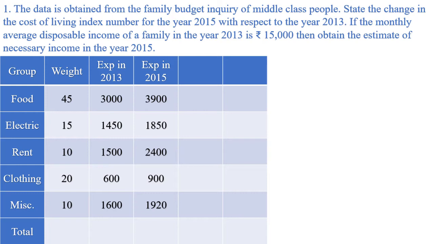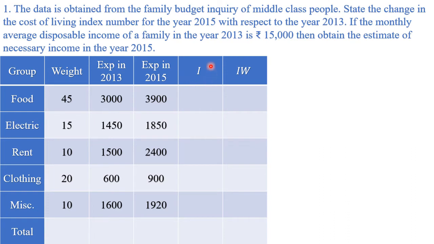Whenever weights are directly given, we use the IW method. IW method is the family budget method. For calculating by the IW method, we need W and I. The index number can be calculated using the expenditure given here in 2013 and 2015. First we calculate the index number, and then we calculate the multiplication of index number with the weight, that is IW.